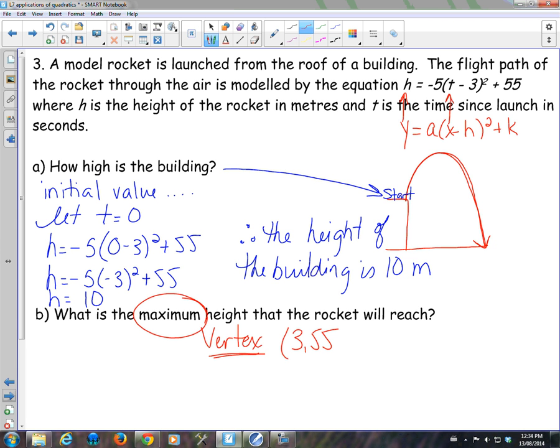So I'm going over 3 and up 55. Because I've gone over 3 and up 55, the maximum height is the up. So the maximum height is 55 meters. That is as high as our rocket goes.